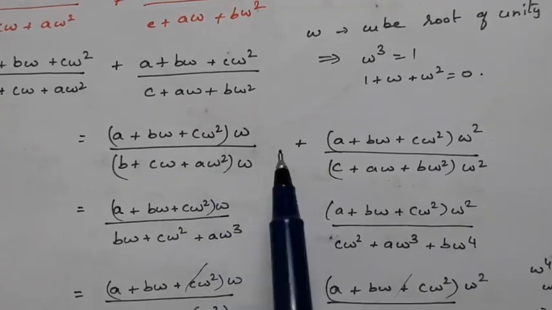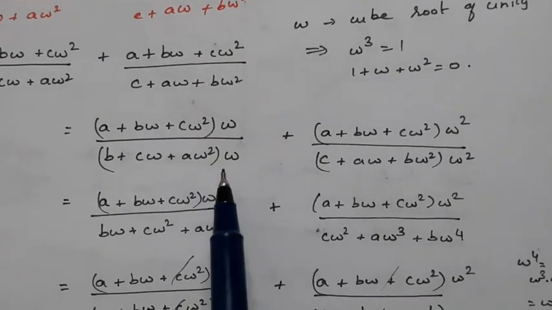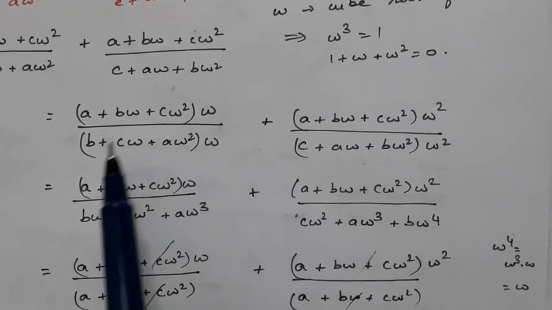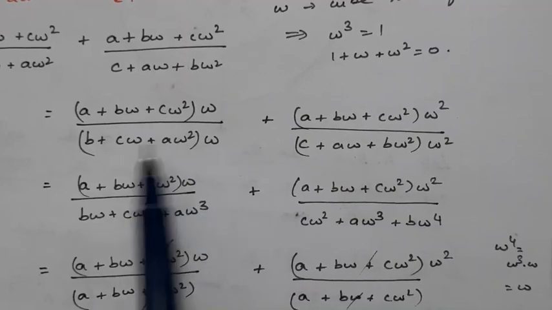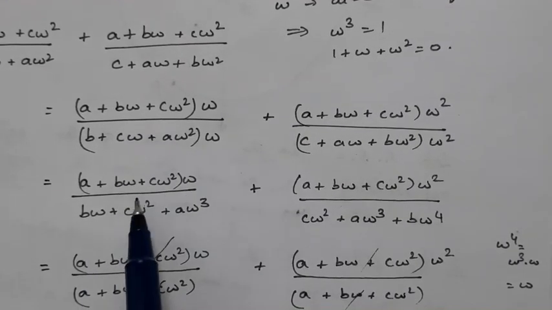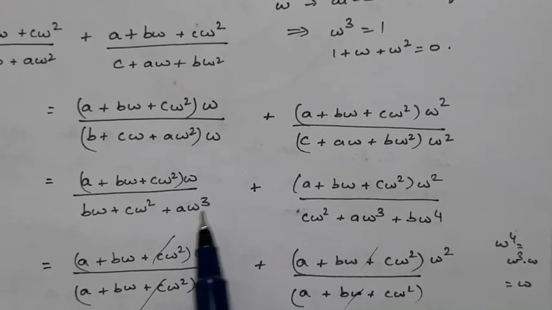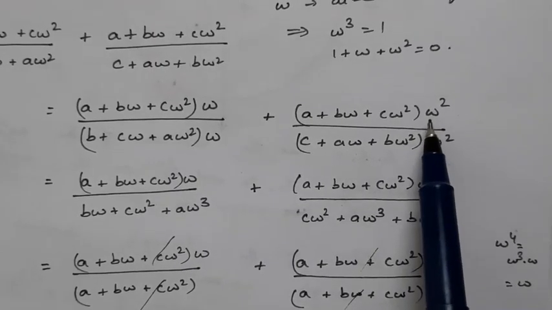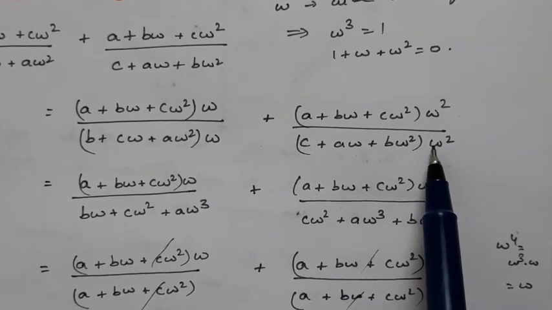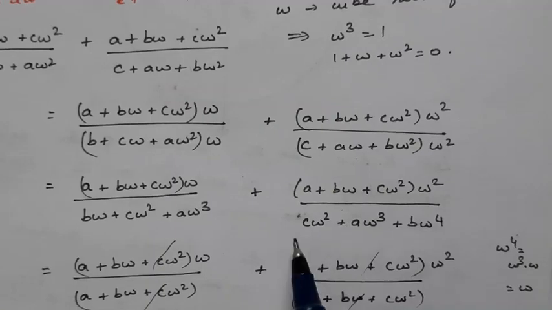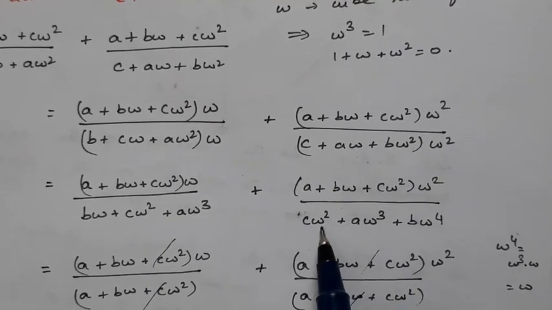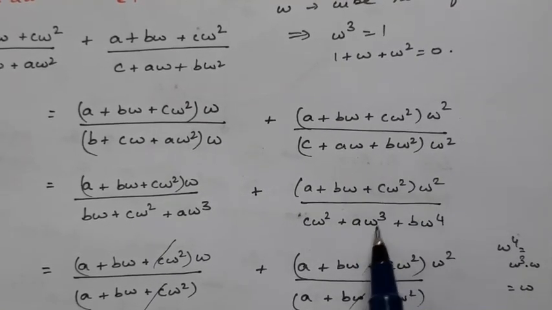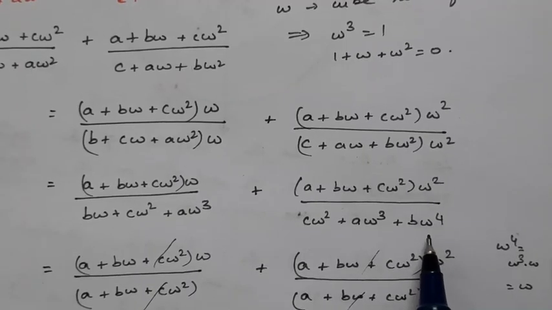Now keep the numerator as such and multiply omega inside the bracket in the denominator. So what happened? b omega plus c omega squared plus a omega cube. Likewise, keep the numerator as such and multiply omega squared inside the denominator. So it will become c omega squared plus a omega cube plus b omega power 4.